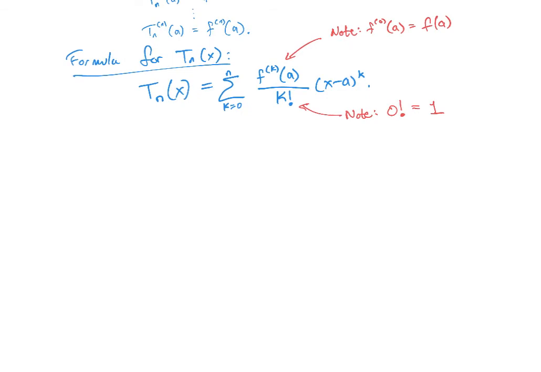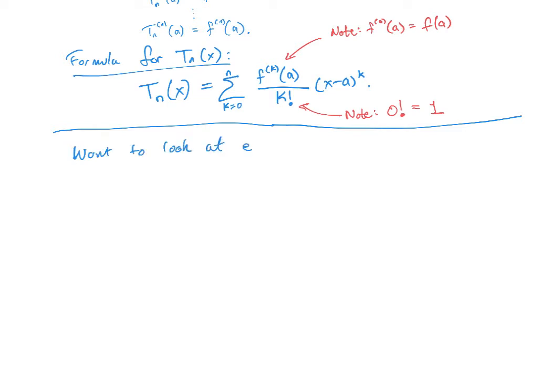So again, we got this formula. It comes straight out of just saying the derivatives should be equal. We want to look at error. So what we define is the remainder term.